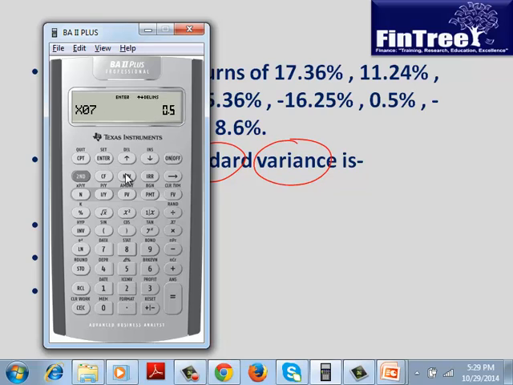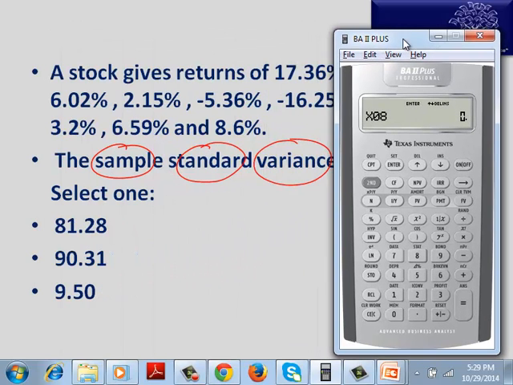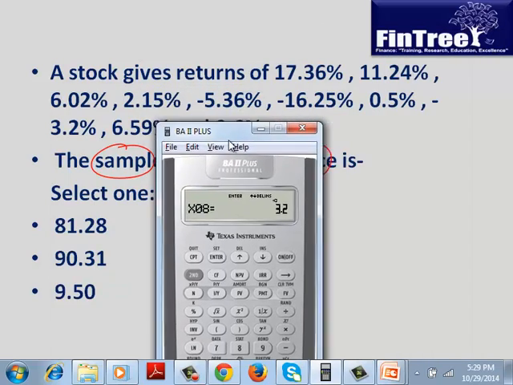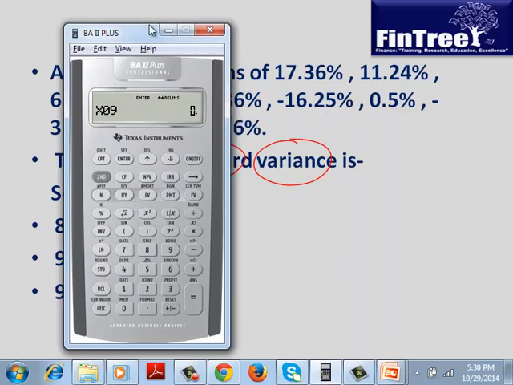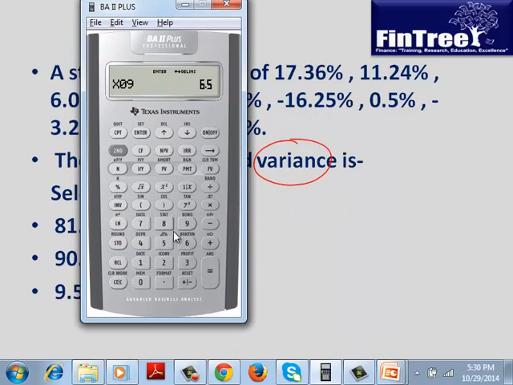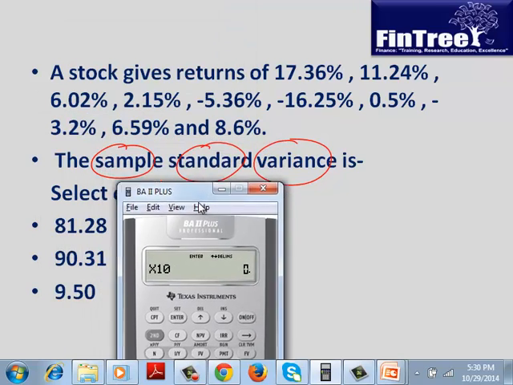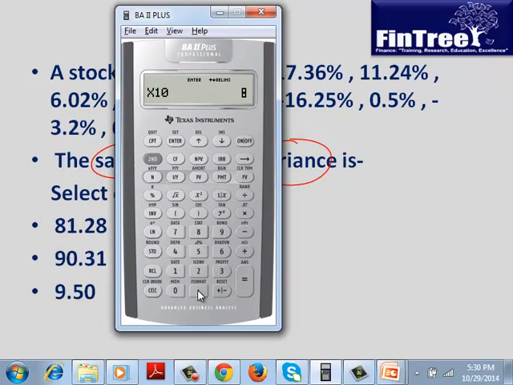X7 0.5, enter. X8 is negative 3.2, enter. X9 is 6.59, enter. And X10 is 8.6, enter.